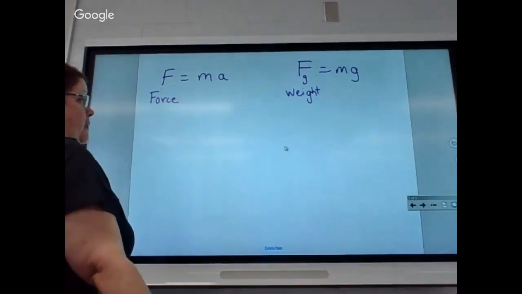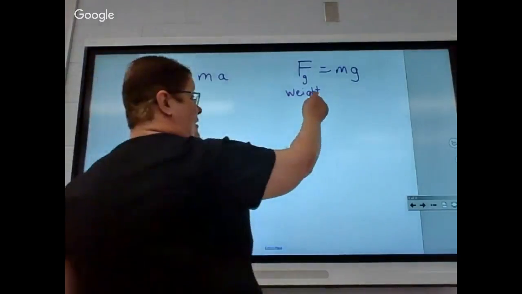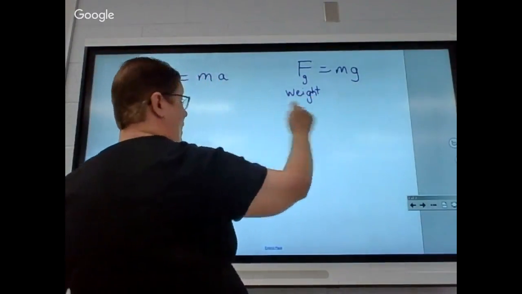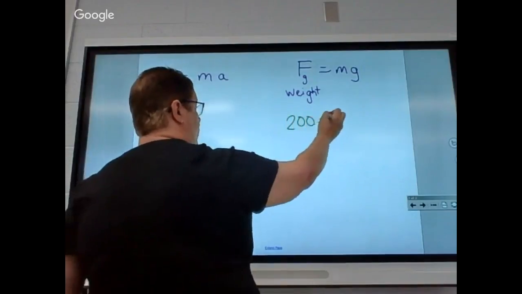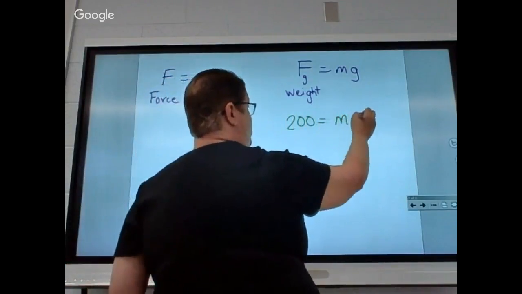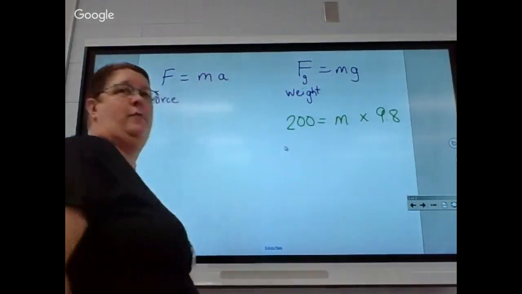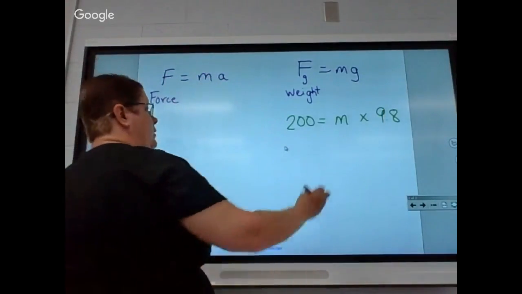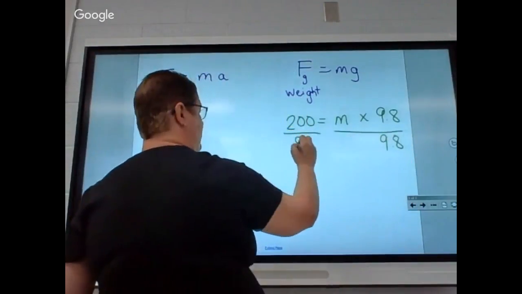Most people, when they solve, because it said weighs 200 newtons, tend to pick this one, but it doesn't matter. So I'll just use this one. 200 is weight. They want mass. And what's G? 9.8. So how do I solve for the mass? Divide by 9.8.